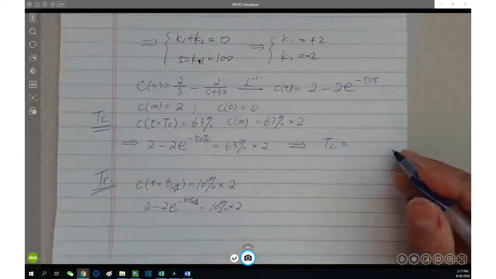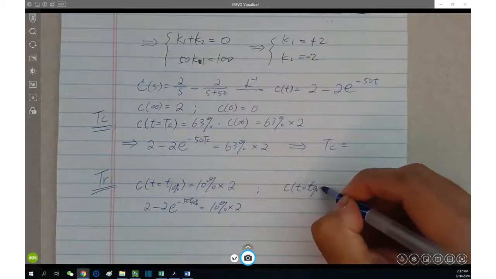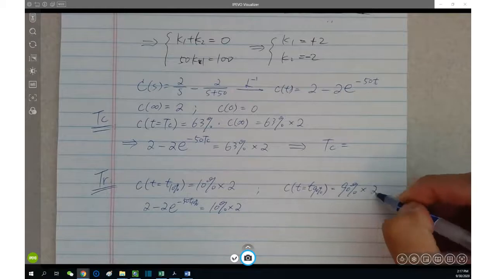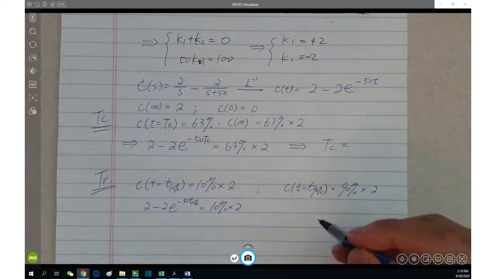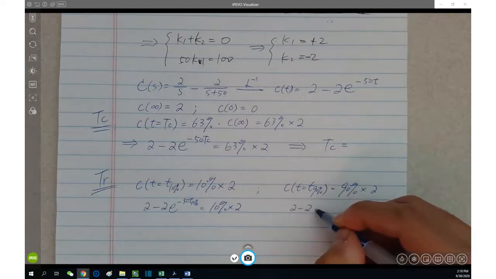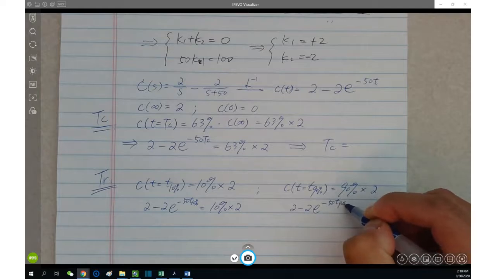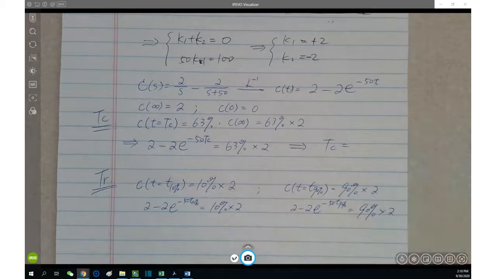On the other hand, when t equals the 90% time moment, you really have 90% of the steady state output. 2 minus 2 times e to the negative 50 times t90% equals 90% of the steady state value.